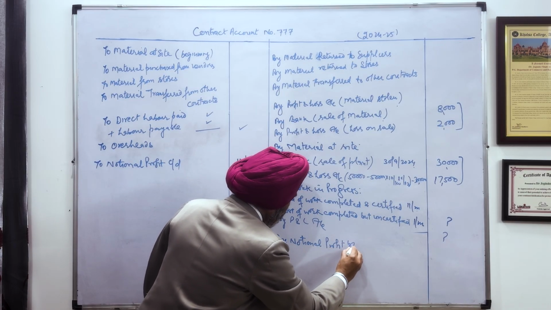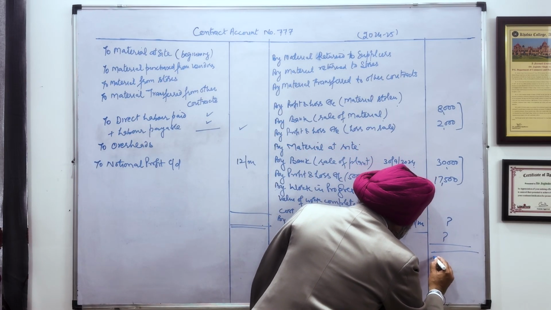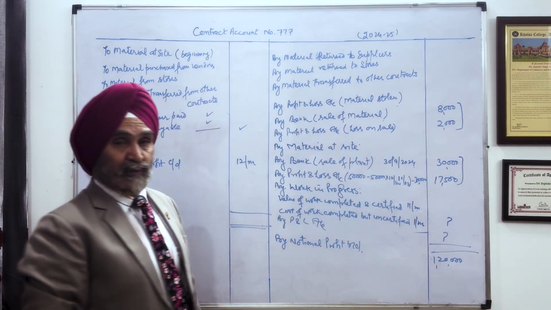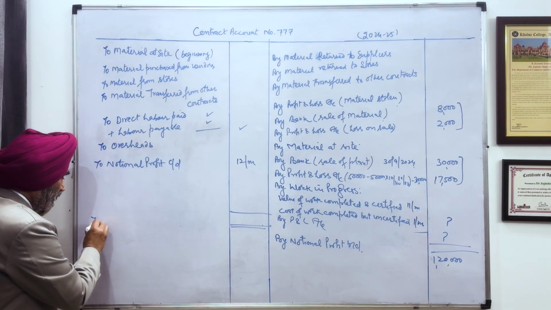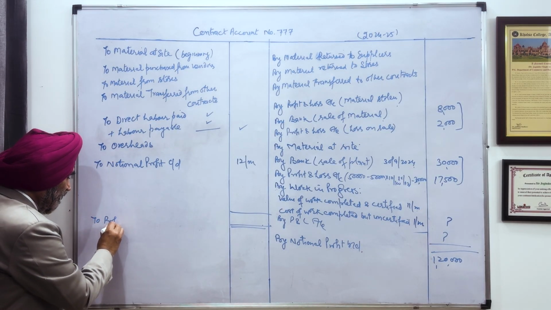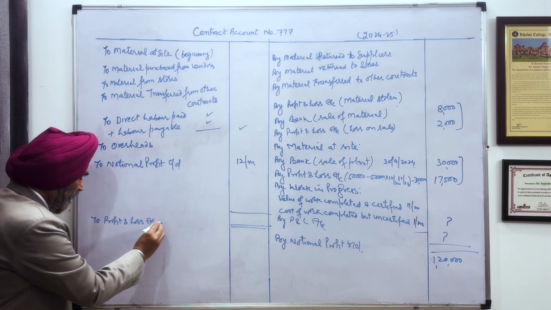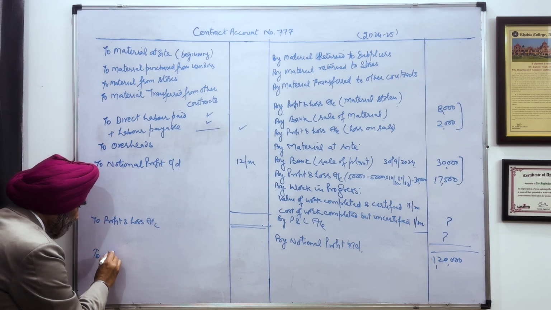Notional profit brought down, say it is 1,20,000 notional profit. Out of this 1,20,000, how much profit is to be carried down to profit and loss account, and how much profit is to be kept as a reserve?